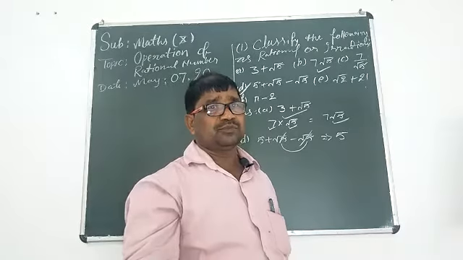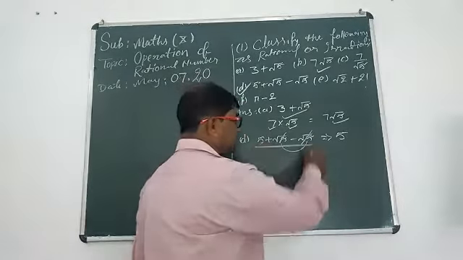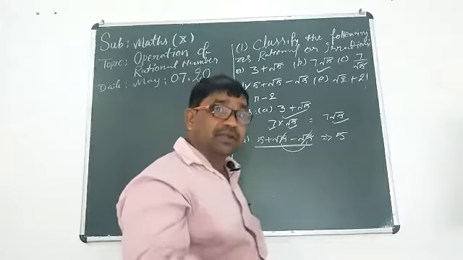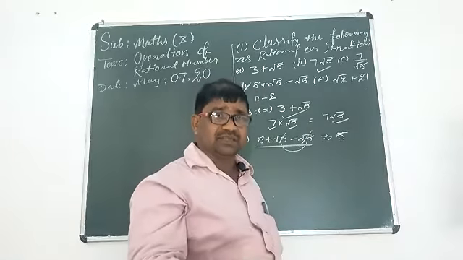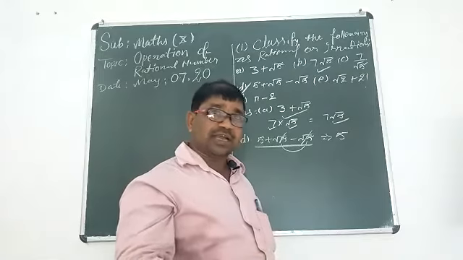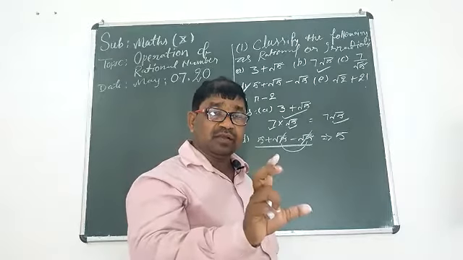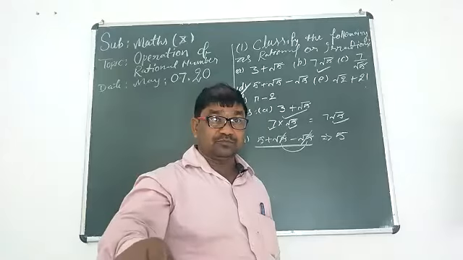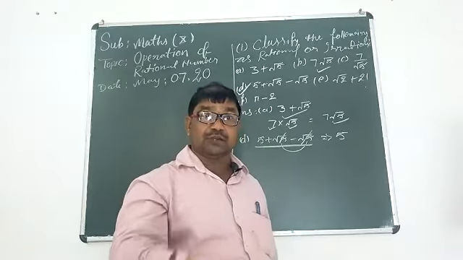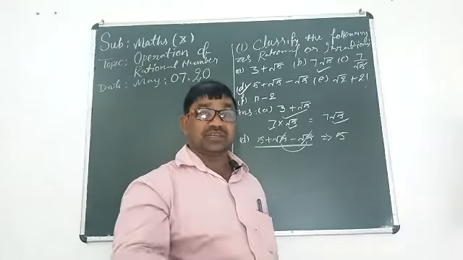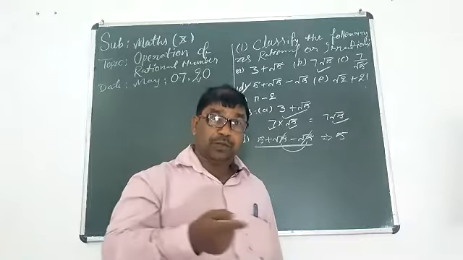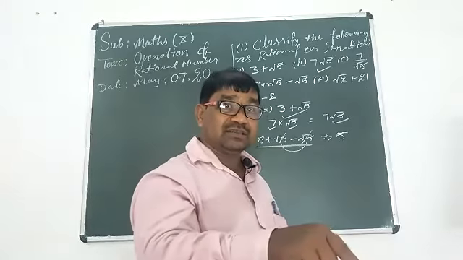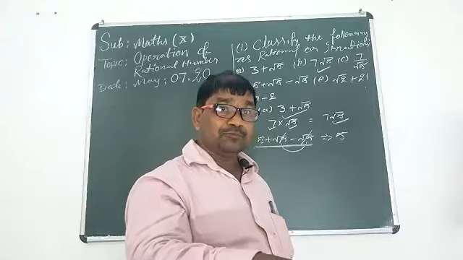Why is this rational, understood? We should give our reply after simplification. Sum is given and we must classify which one is rational and which one is irrational. In this case, first of all we simplify if possible.